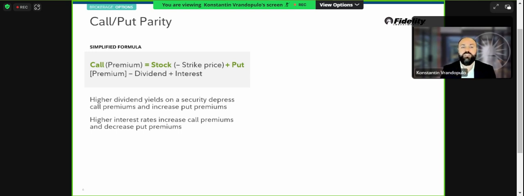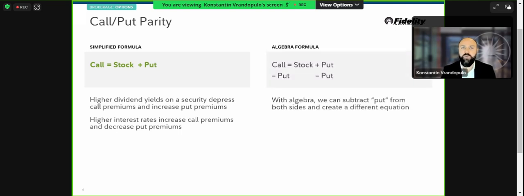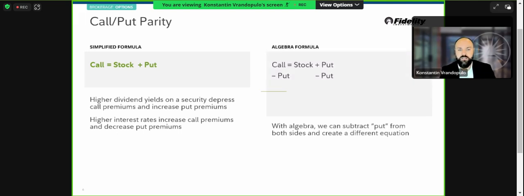These are just some things that you have to write down on a sticky note and remember. Now, all we're doing is deploying a very simple algebraic equation, right? Process of elimination to come up with the other side.